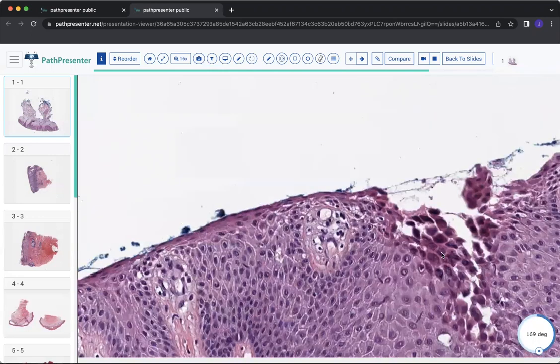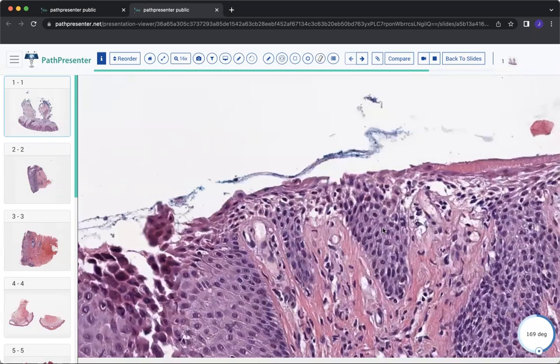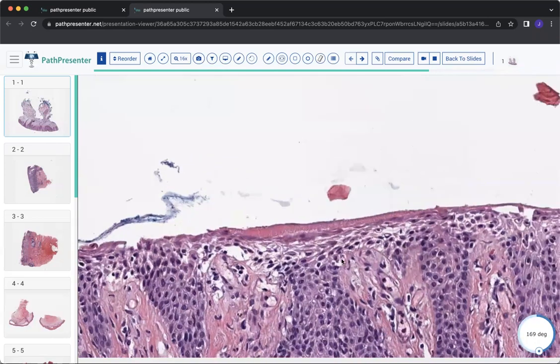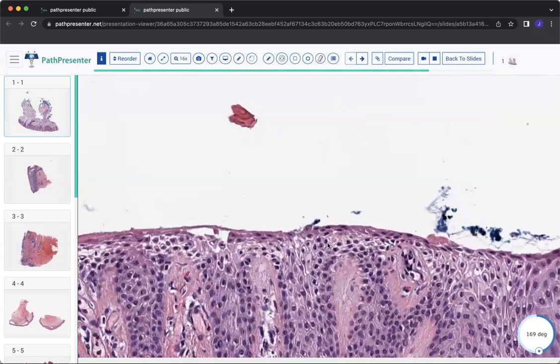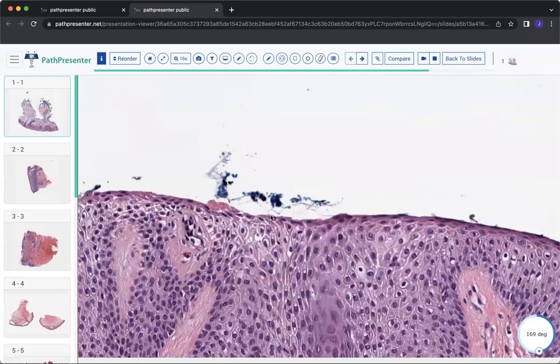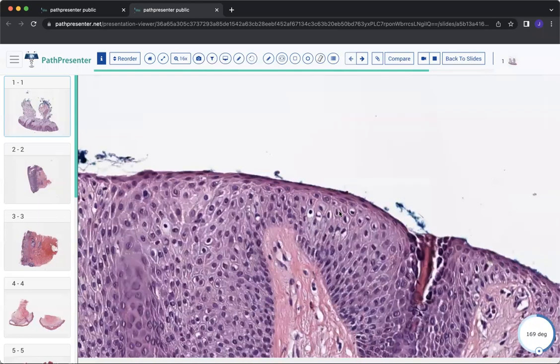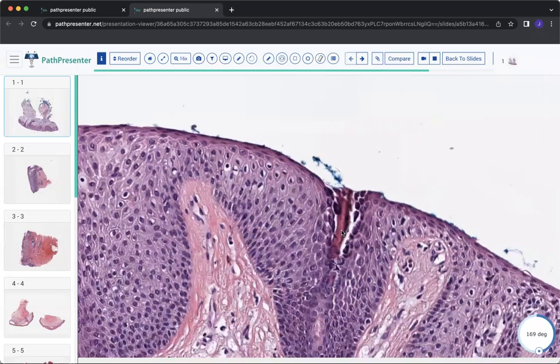Pemphigus foliaceus is essentially where desmoglein 1 is being destroyed by antibodies binding there, an immune-mediated process in which the autoantibodies against desmoglein 1 are causing a lack of structural integrity at this level in the superficial epidermis.